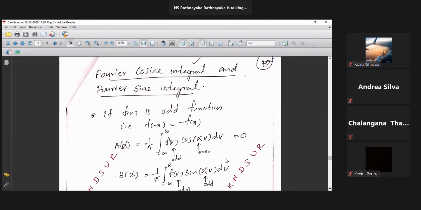You can see if f(x) is an odd function, that is, if we substitute minus x for the variable in the function, the result is minus f(x), then we call that function an odd function.